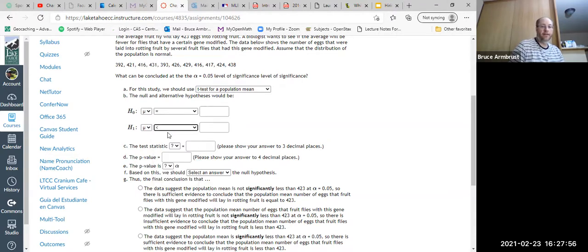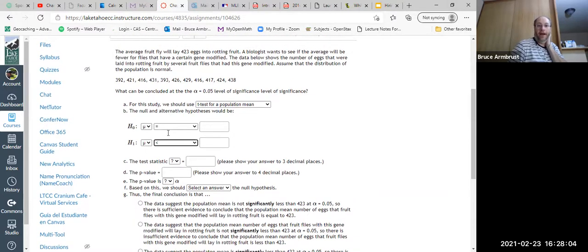Suggesting less than. What makes you think that? Yeah, it's in the problem. If you read it, the biologist wants to see if the average will be fewer for flies that have a certain gene modified. So this is what they're really interested in: is it actually less than?